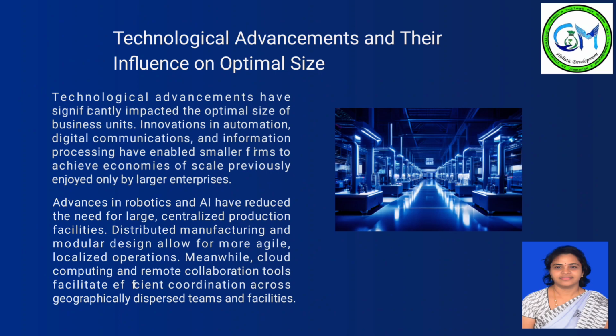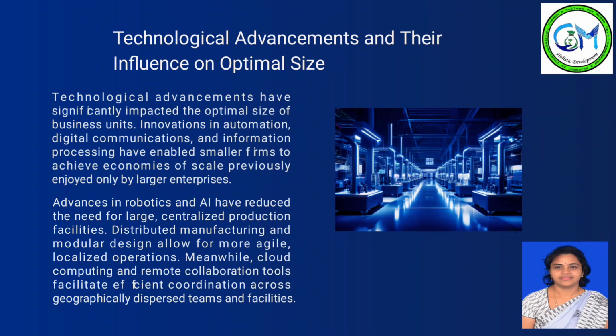Technological advancements and their influence on optimal size. So, if you inculcate new technologies, upgrade with the new advancements in your business units, it leads to enhancement of the optimal size. Technology advancements have significantly impacted the optimal size of a business unit.